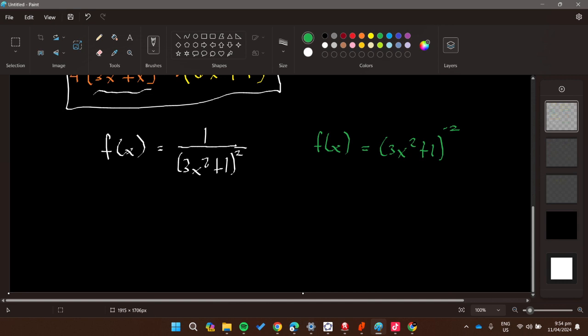Ganyan ang tinuro sa amin, tinataas. Yeah. Kasi nga, mas madali. Wait, nangyari sa biscuit nito. Negative 12x over what?